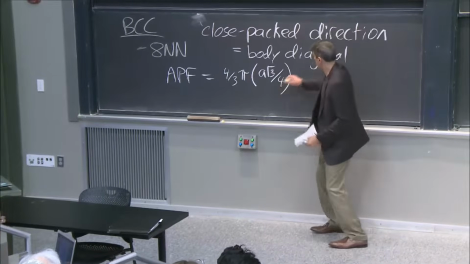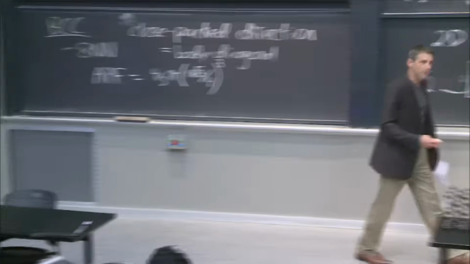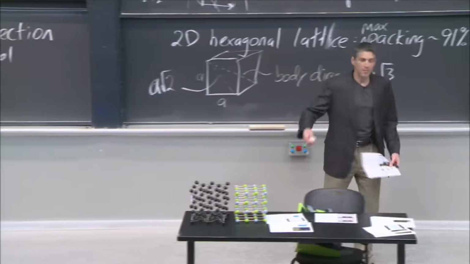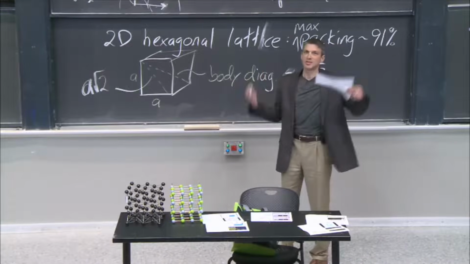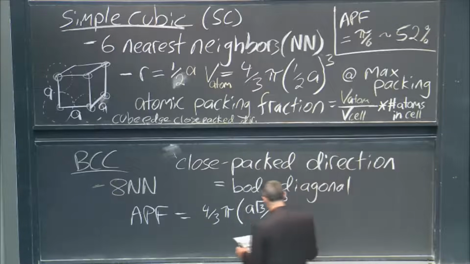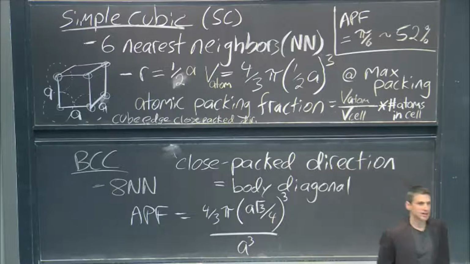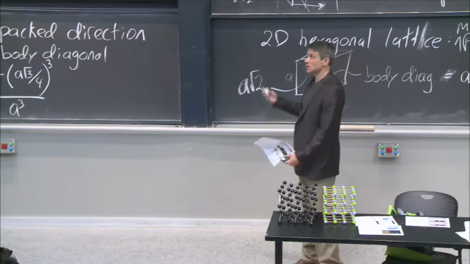So 4/3 pi r cubed is going to be the volume of a maximally packed sphere in a BCC lattice. So this has to be divided by the whole volume, which is a cubed, but I'm missing something because there's not just one, right? There's not just one, there's another one.